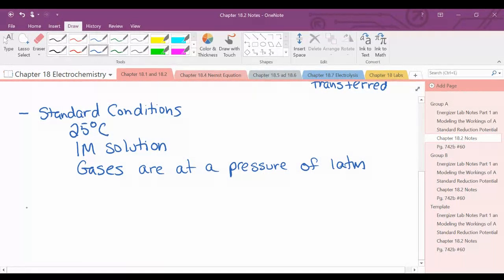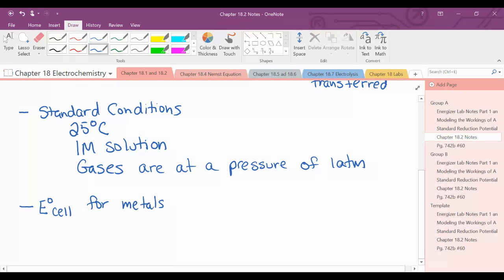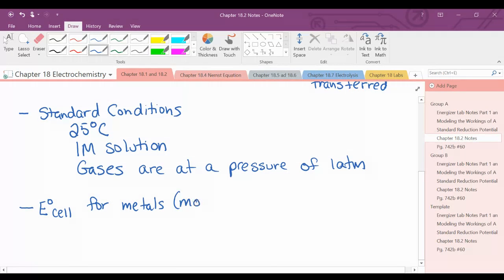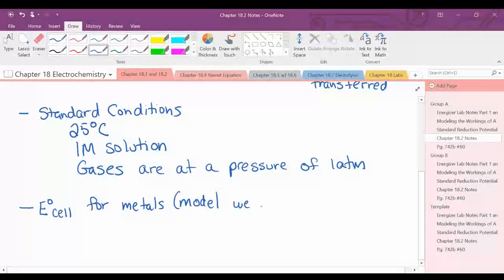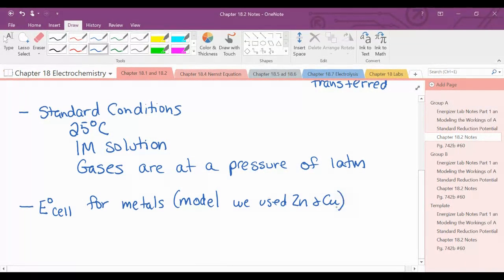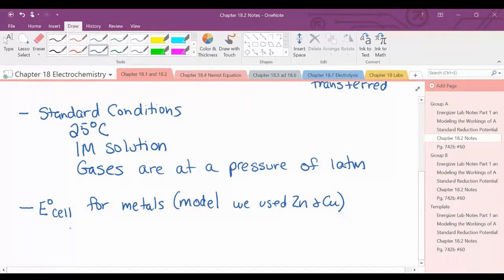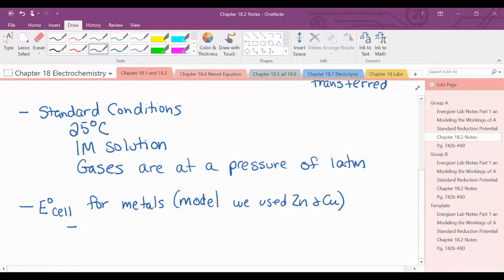So, how did they come up with these cell potentials for metals? For example, in our model we used zinc and copper. So what they did is they compare to the standard.